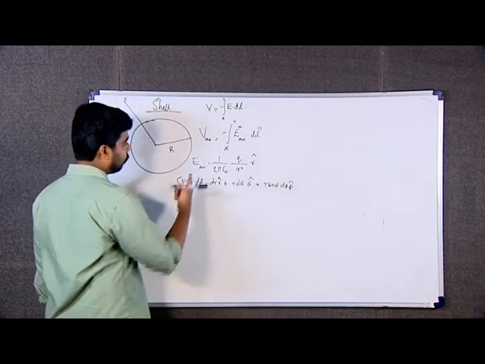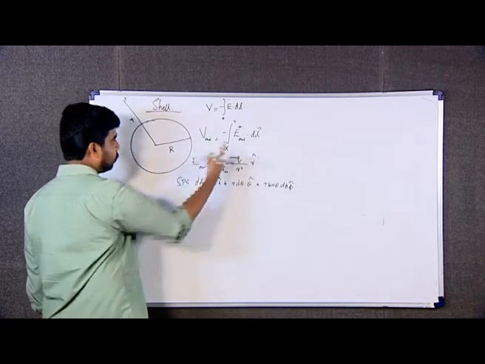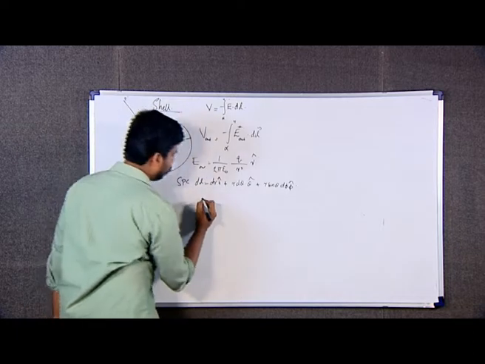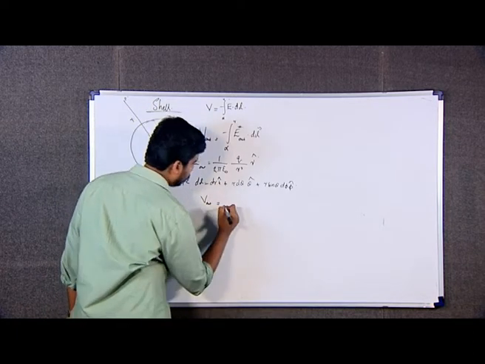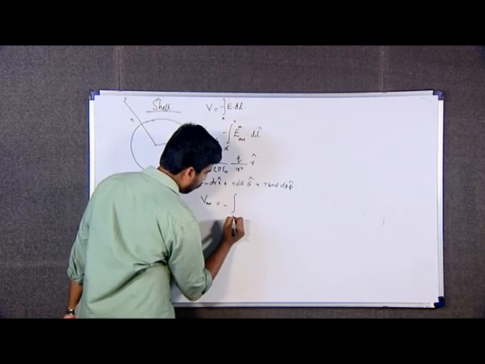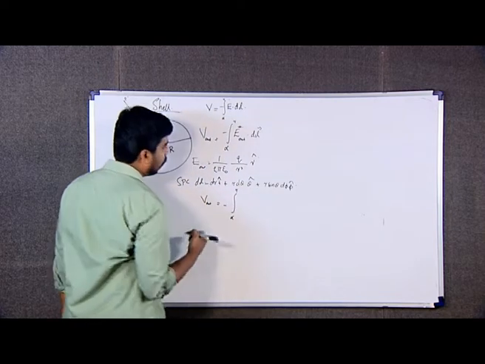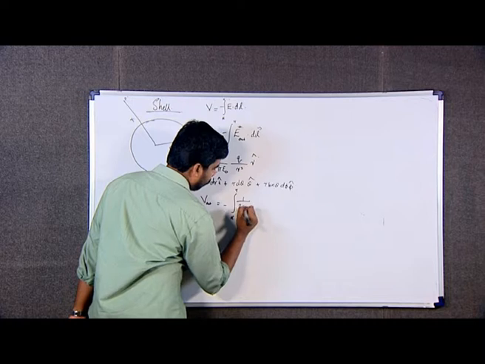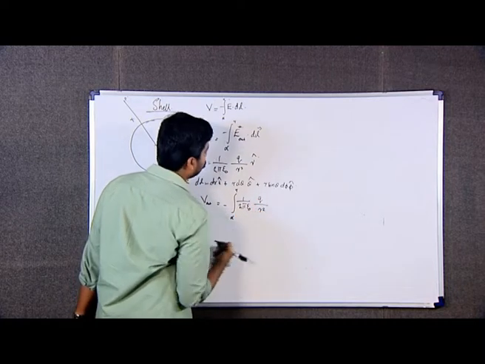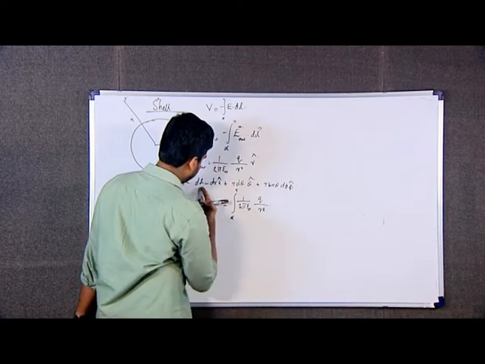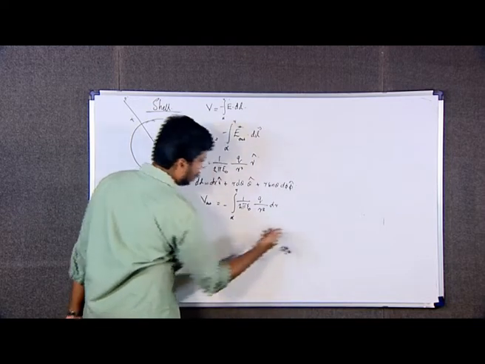We can substitute these two values, only the first term will survive, and we get V out equal to the integral from infinity to the point r of 1 by 4 pi epsilon 0 q by r square into dr.